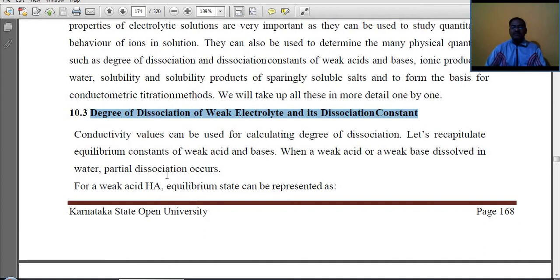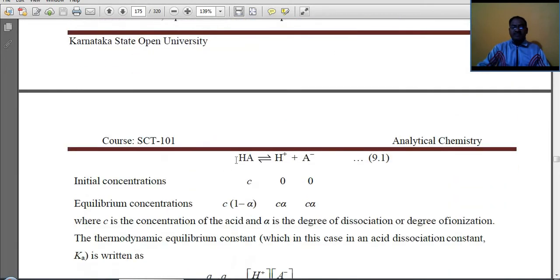Consider a weak acid like HA. The equilibrium state is represented as HA, reversible, H plus and A minus. The initial concentration of HA is C. There is no formation of any ions.